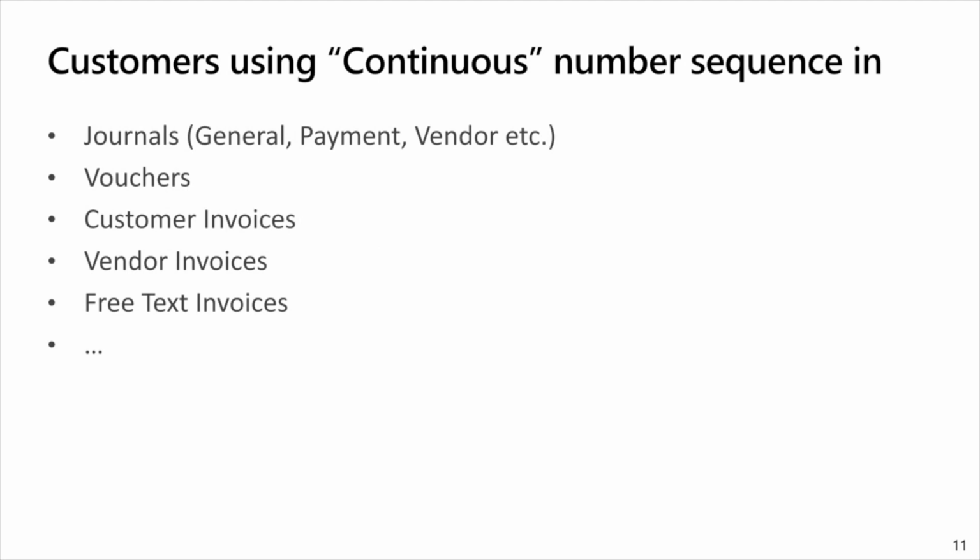Where we see continuous number sequences used more: customers are using them for journals, vouchers definitely a lot more, and also invoices, the external facing documents. But this is not the limit. You can use it for any business process, as I mentioned. Typically, for these transactions, we are seeing a lot more continuous number sequences.